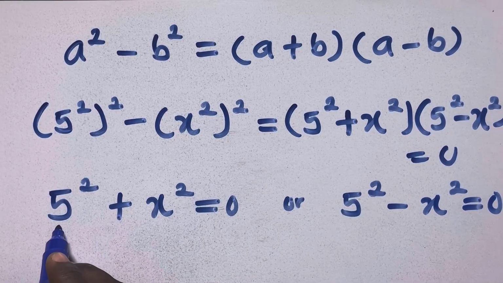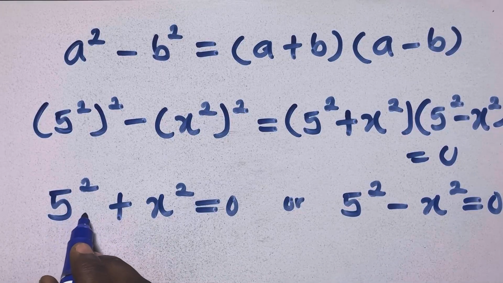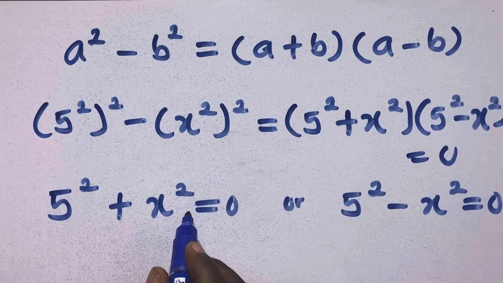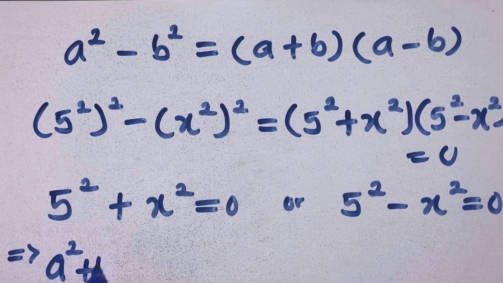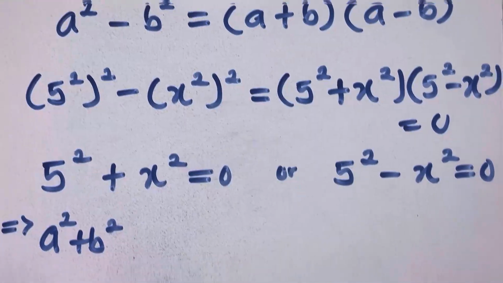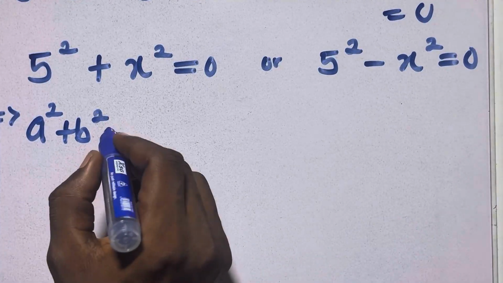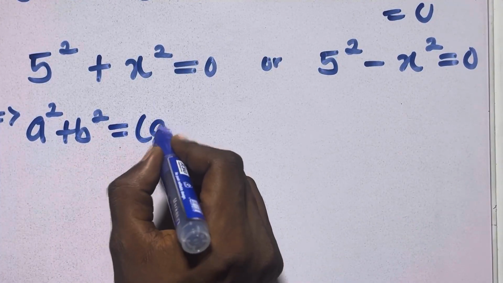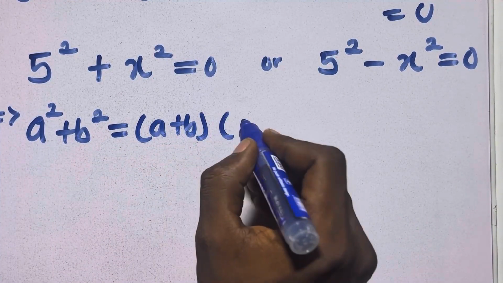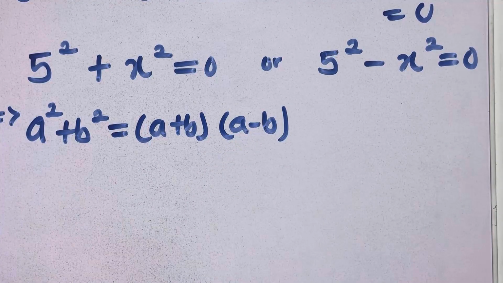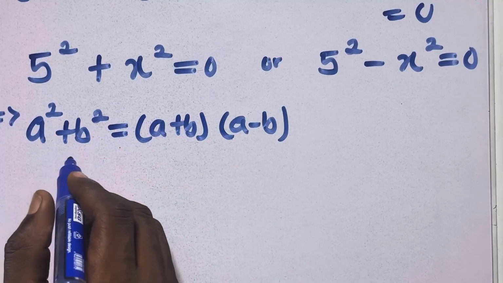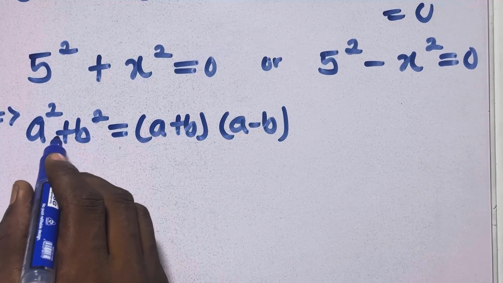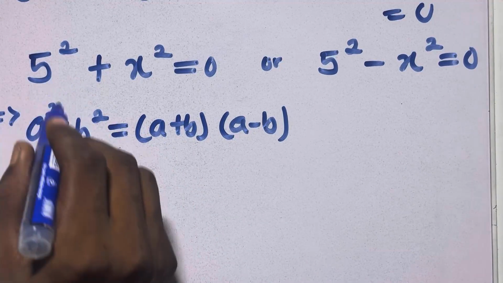All right, so let's first solve this one. This is a sum of two squares, right? For a sum of two squares, if you have the expression a squared plus b squared, we can express it in complex form.